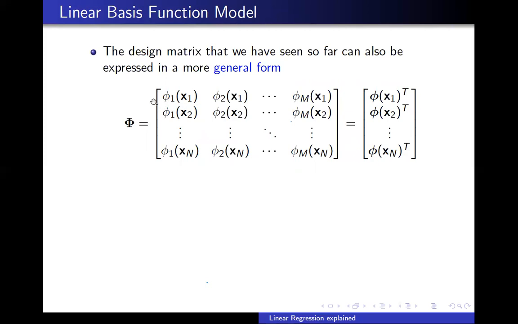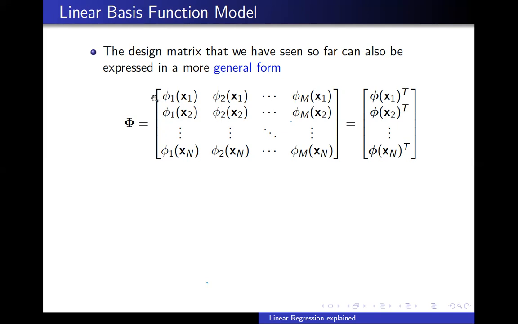Again, each row corresponds to a data point. Now, unlike d columns, we can have m columns, and each column represents a different function. So the ith column represents phi i: the first column is phi 1, the second column is phi 2, etc.